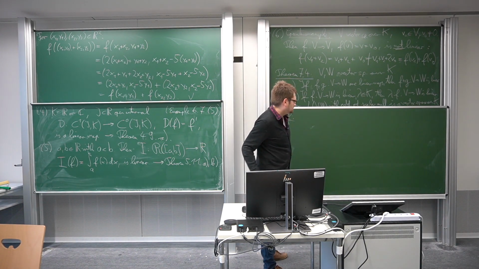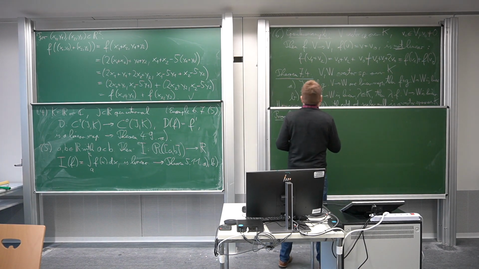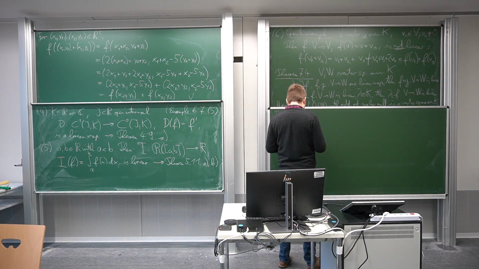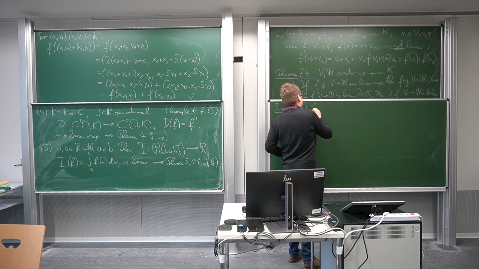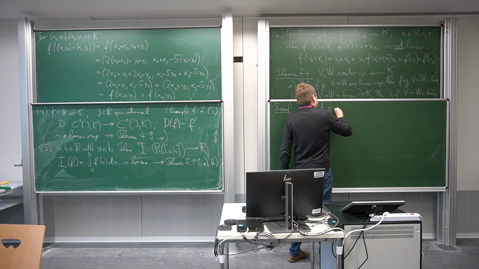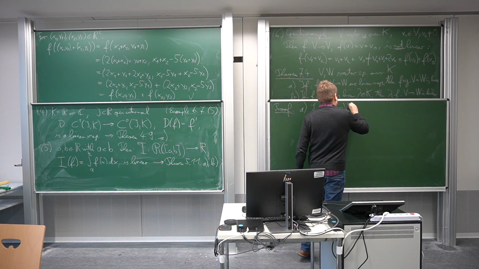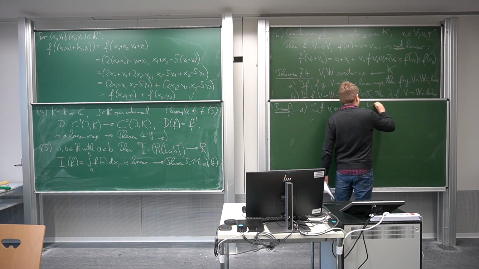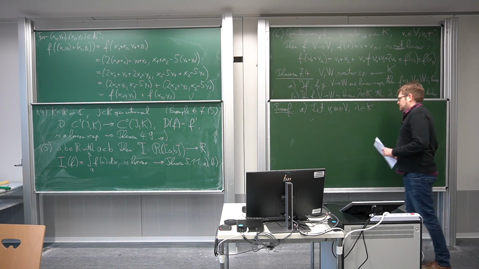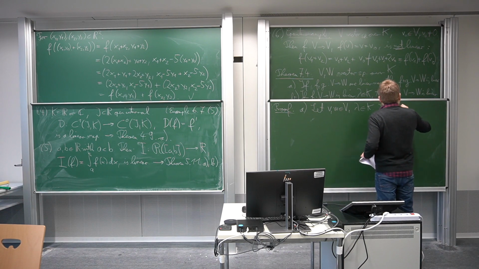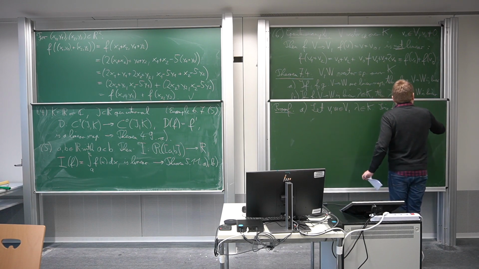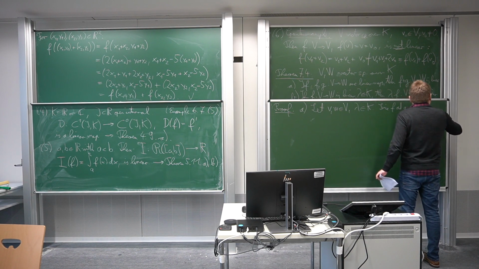I will only do the proof of part A because it's basically always the same computation, so I think it's not that instructive. So let's do A. Let v, w in V and lambda in K. Then we have to check that the equations we need will hold, since F and G are linear.